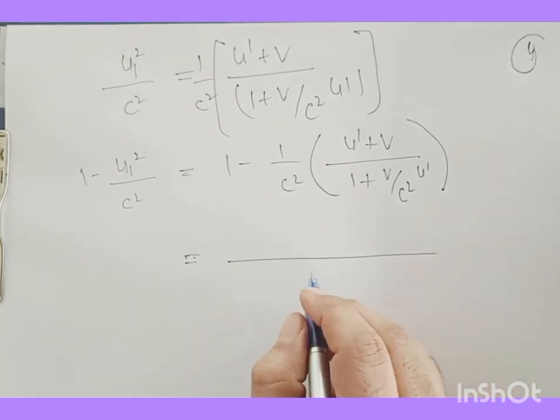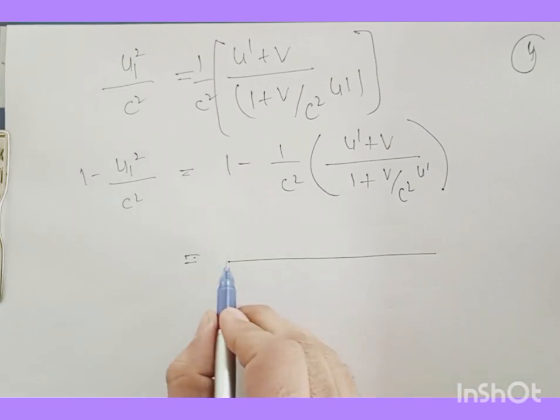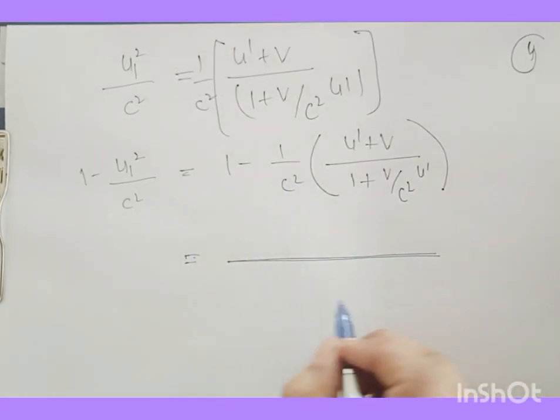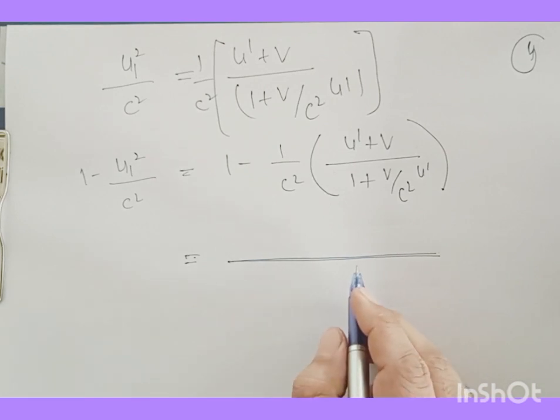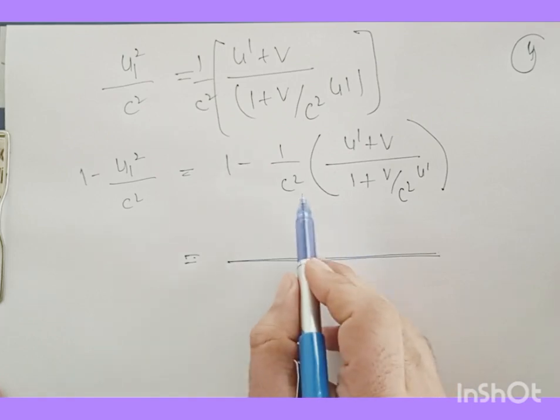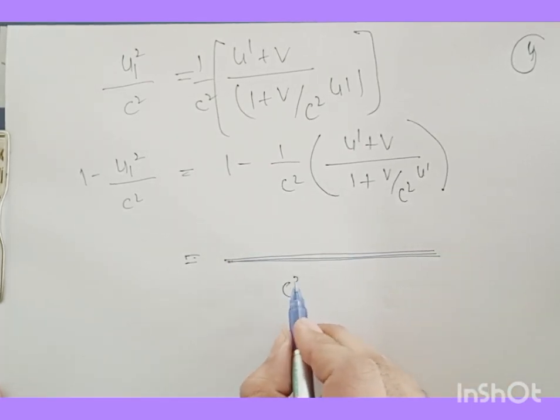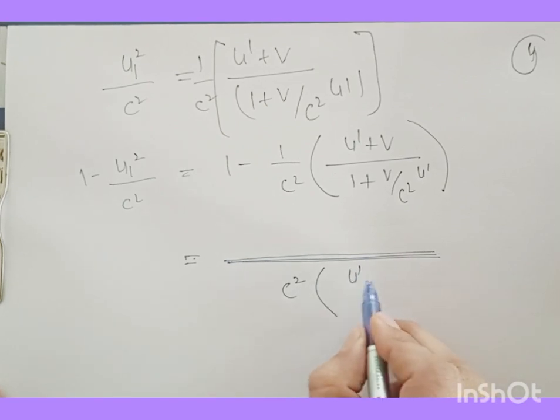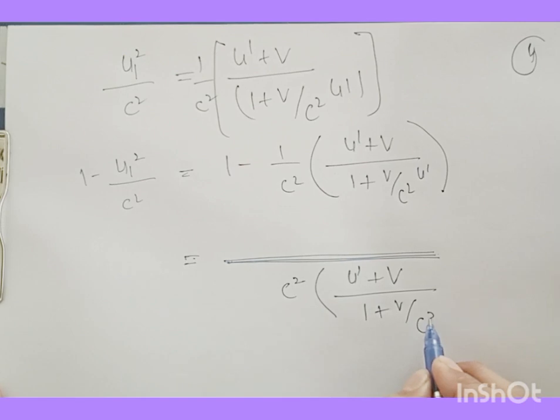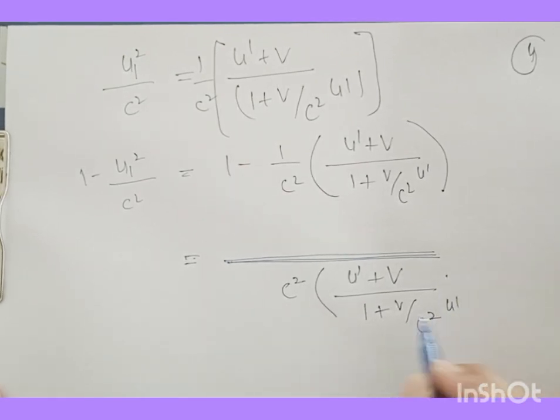What I will have is this is 1 minus this whole term, right? So here I will have, let me go with this, make it this way. So this is c square times u dash plus v by 1 plus v by c square, then u dash, okay?